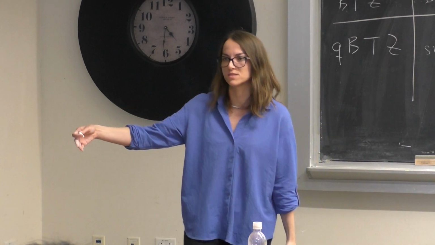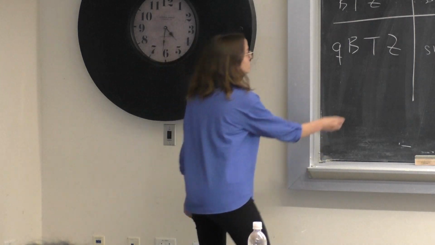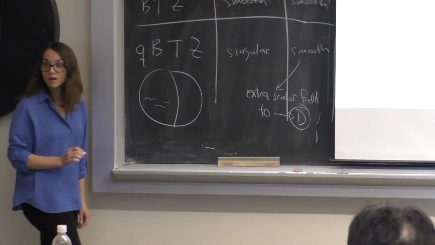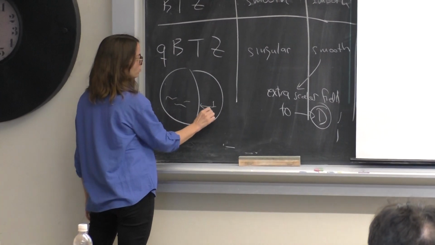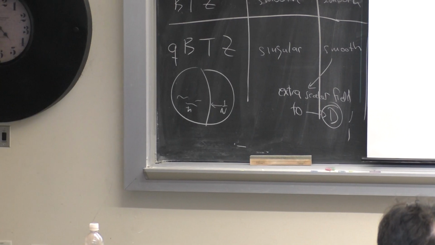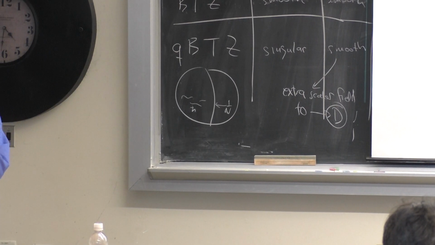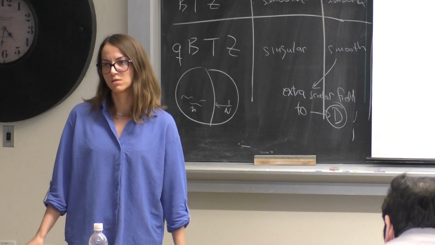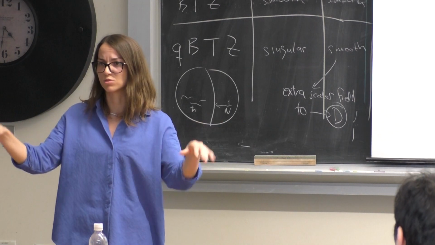Another way of saying that is that, well, in the bulk is where I have all these quantum fields, but here they're seen as 1 over n and not h bar, so to say, corrections. So this 1 over n is exactly what Armin was saying now. On the brane, by including this extra degree of freedom, I'm kind of computing the extra loop on top of my already quantum solution.